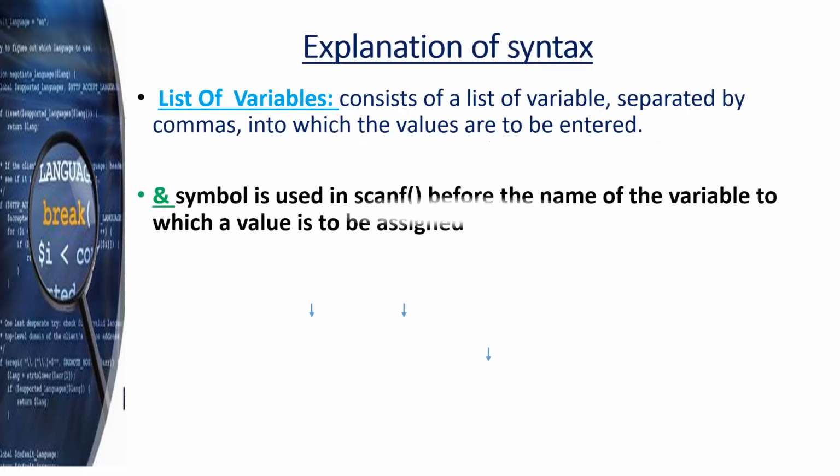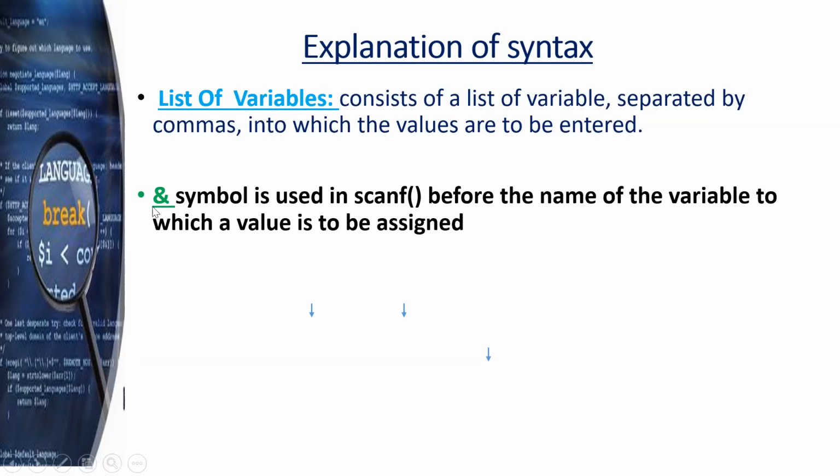The next second part is the list of variables. The list of variables consists of variables separated by commas into which the values are to be entered. This is almost the same syntax as output, but there the control string has a list of arguments, while in input statements the control string has a list of variables.